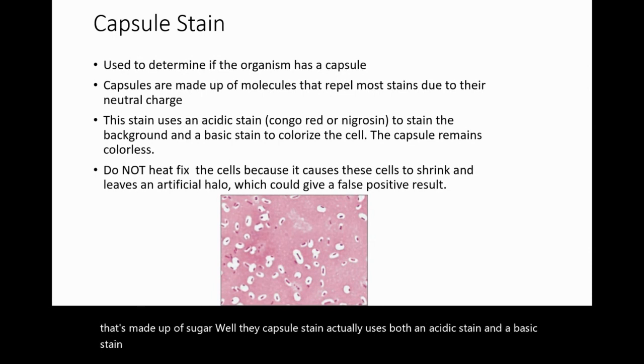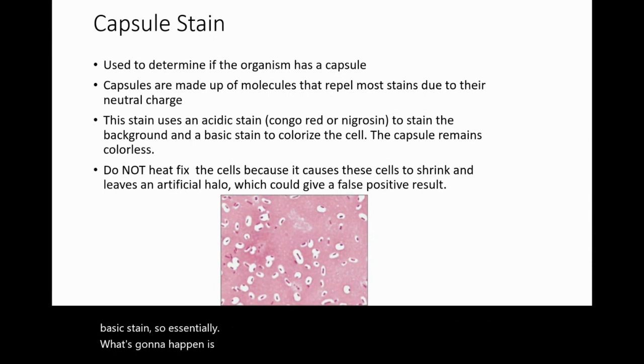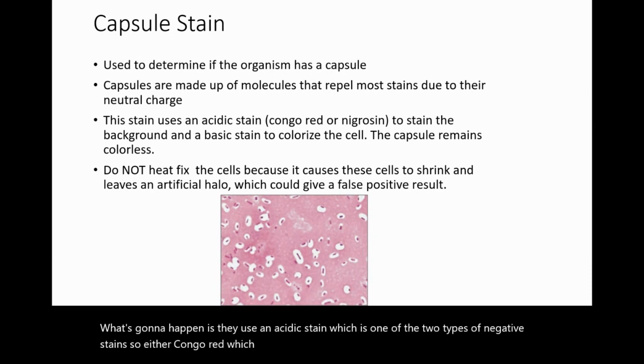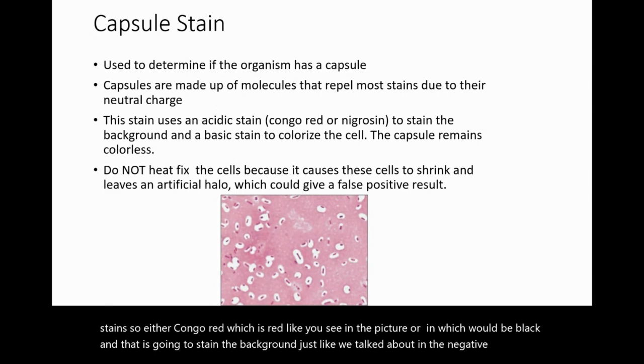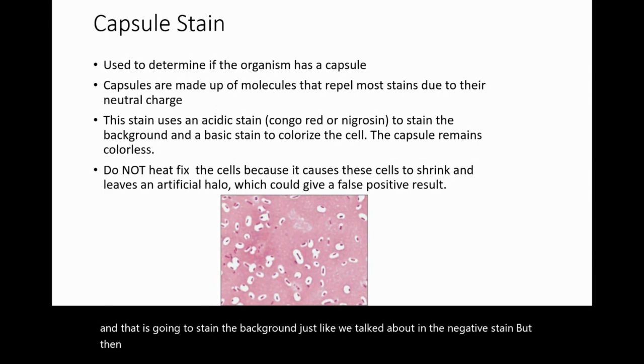Essentially, they use an acidic stain, which is one of the two types of negative stains. So either Congo red, which is red, like you see in the picture, or nigrosin, which would be black. And that is going to stain the background, just like we talked about in the negative stain. But then they also use a basic stain, which is going to have a positive charge and be attracted to the actual cell.